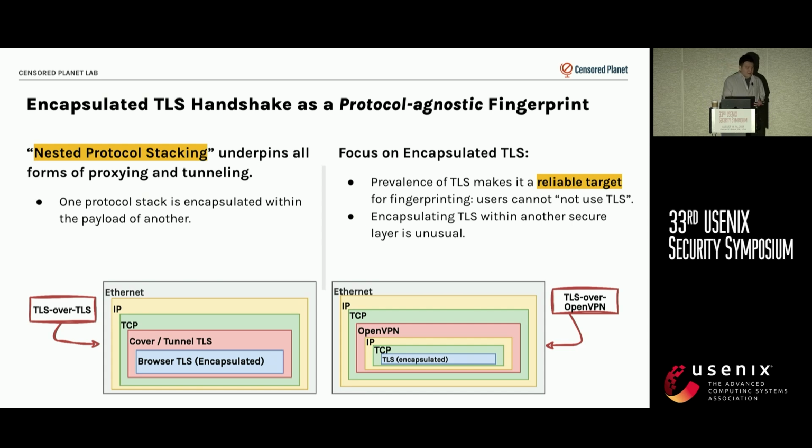Let me emphasize this again. We are not detecting Shadowsocks or any specific circumvention protocol here. What we are detecting is tunnels, and the encapsulated TLS handshake is a fingerprint for the presence of tunnels.